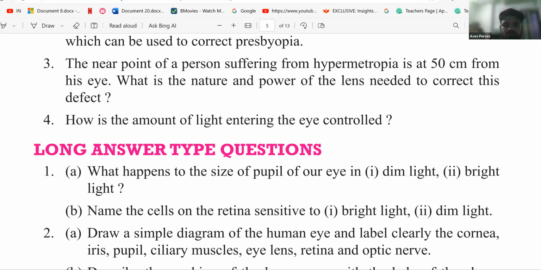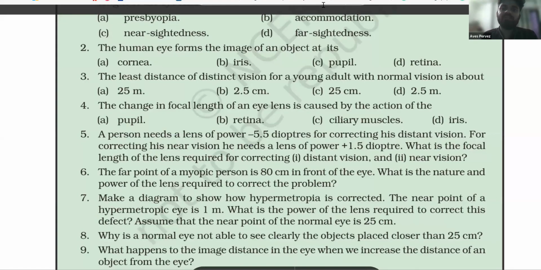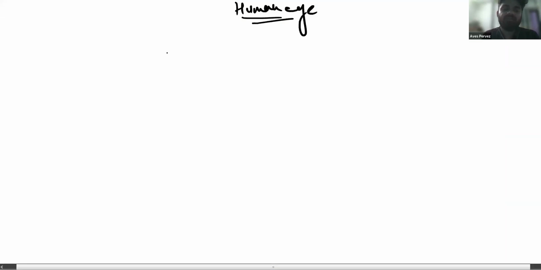You know what is the power of the lens? The power of the lens is the reciprocal of the focal length, 1 by f, but the focal length here should be in meters.